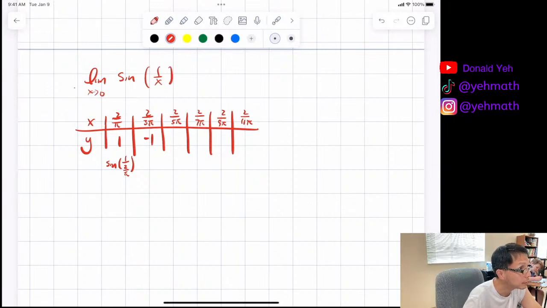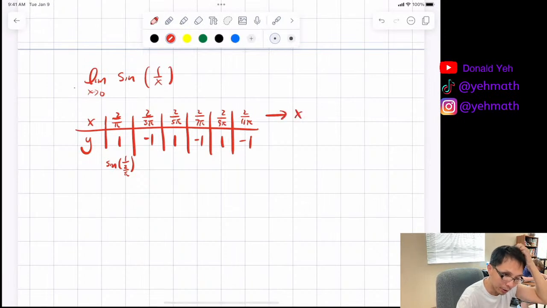What is the next one? 1. What's the next one? Negative 1. And 1 and negative 1, right? So obviously you see this 1, negative 1, 1, negative 1, 1, negative 1.